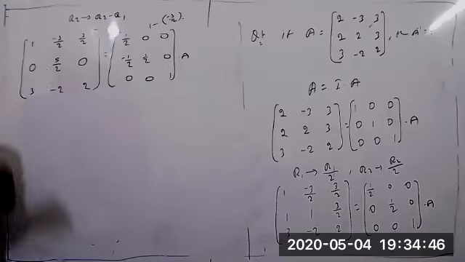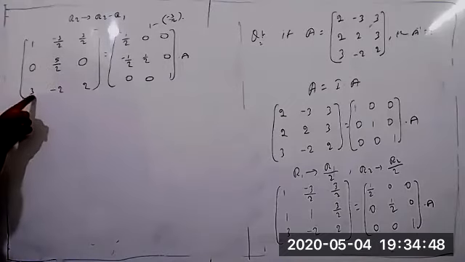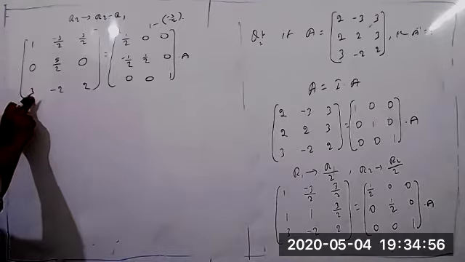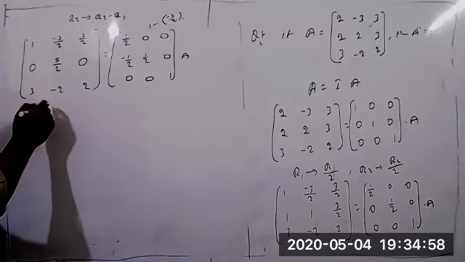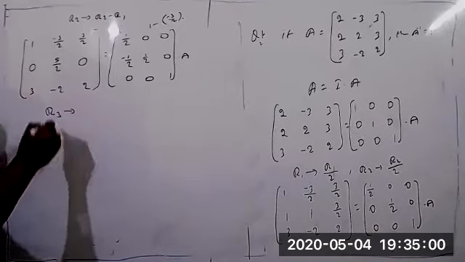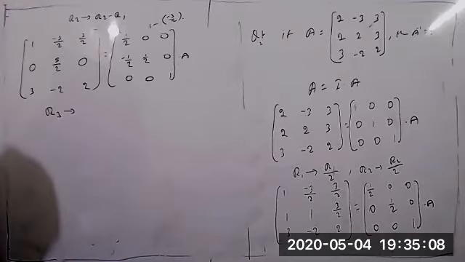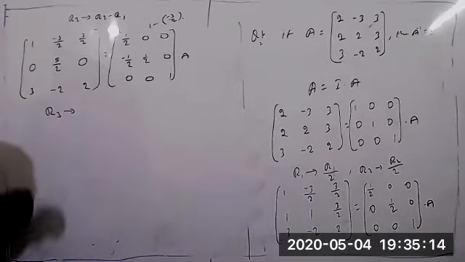So 1, 0 we got. Now in place of here also we should get 0. Here also we have to get 0. Then how do you get 0? Tell me this value. This one, 3. Tell me anyone, R3 such that... Please tell me.